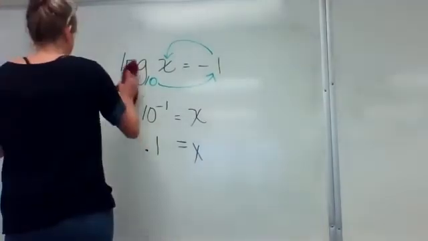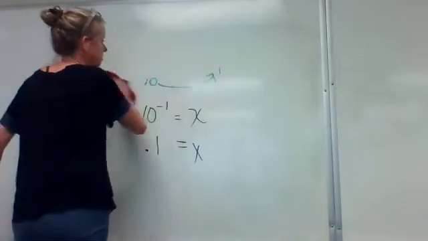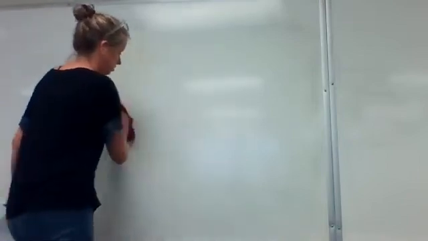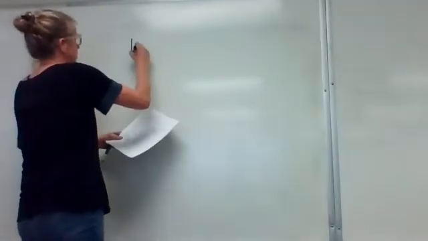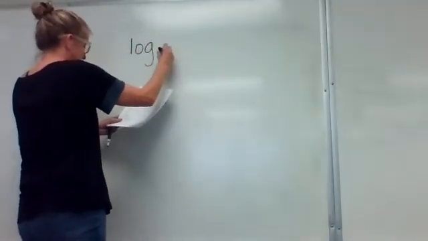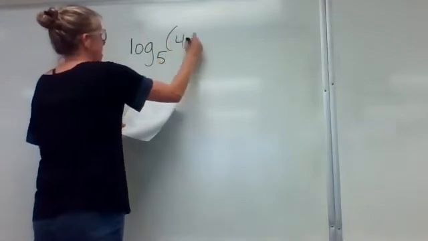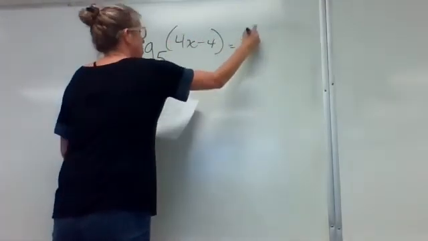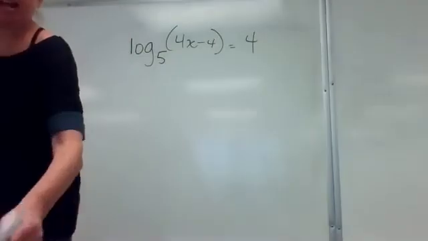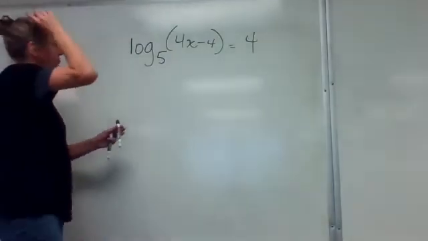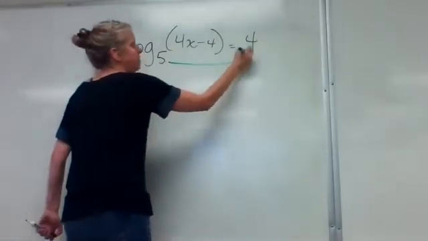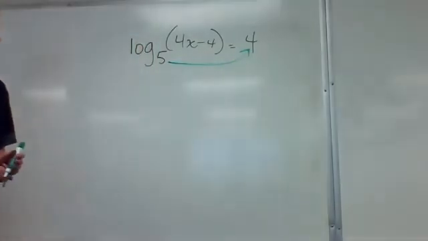Right, number 12. Log base 5 of 4x minus 4 equals 4. Same thing, same method. One logarithm, so I'm going to do 5 to the 4th power.